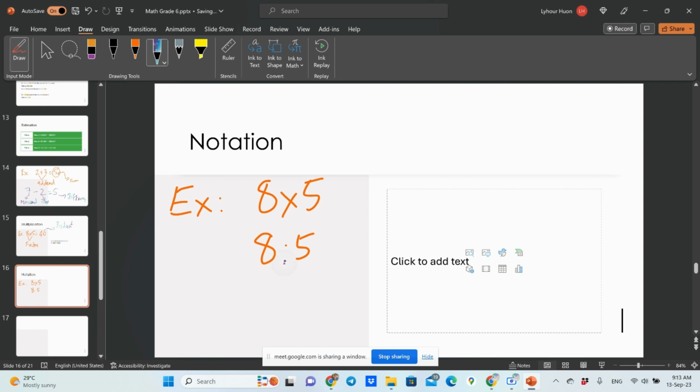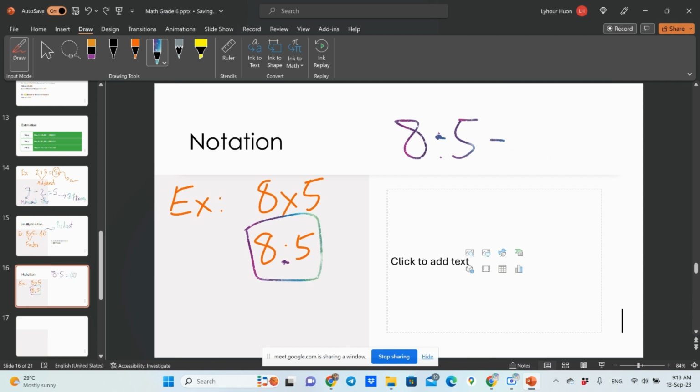If you write the dot at the bottom, it looks like a decimal number, like 8.5. So if you use the dot, it has to be in the middle. If it's at the bottom, it looks like 8.5, one decimal number. But 8 times 5 should have the dot in the middle, so this is 8 times 5, which is 40.